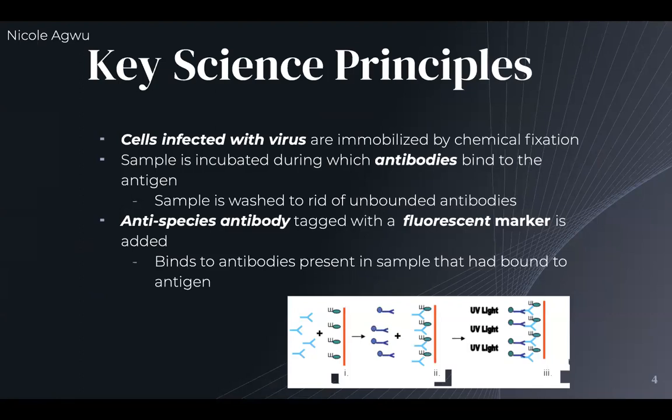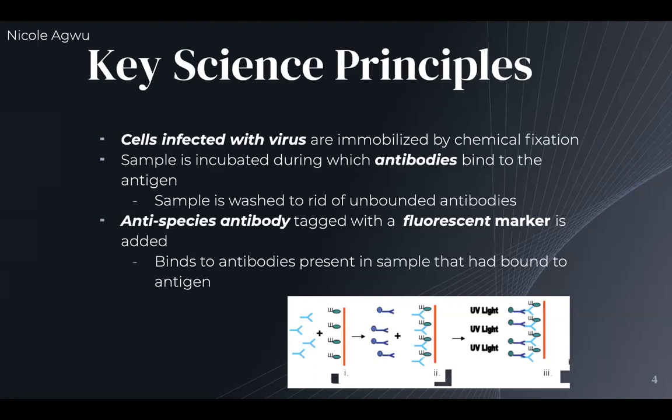So the antibodies will bind to the receptors on the virus, and then the sample is washed to get rid of the unbound antibodies, the antibodies that aren't specific to that virus. Then an anti-species antibody is tagged with a fluorescent marker, and that is added to the sample. Then this binds to the antibodies present in the sample that have bound to the antigen.